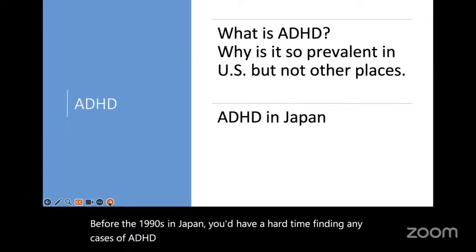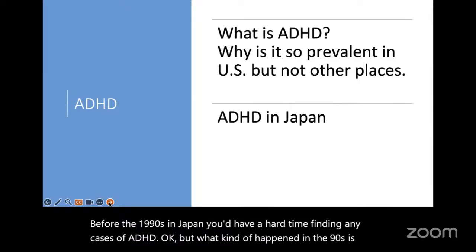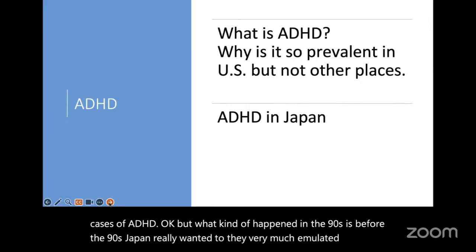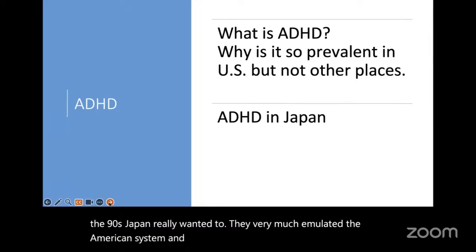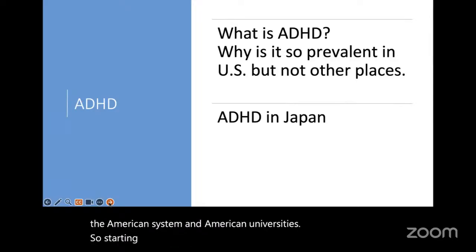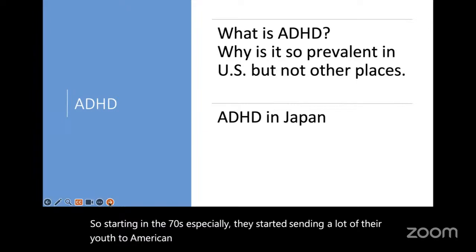But what kind of happened in the 90s is before the 90s, Japan very much emulated the American system and American universities. So starting in the 70s, especially, they started sending a lot of their youth to American universities, and then they would bring them back. Okay.